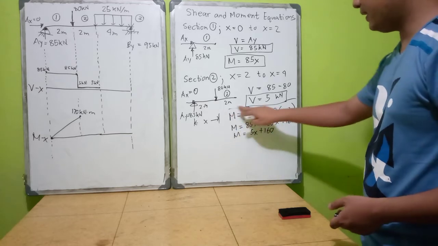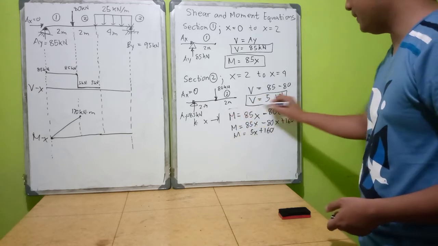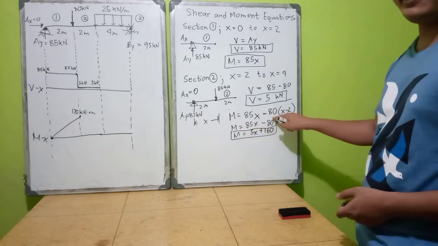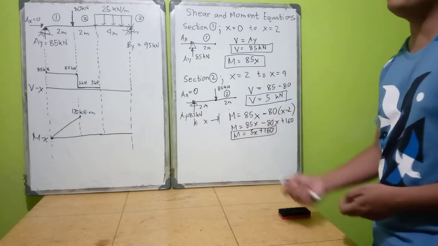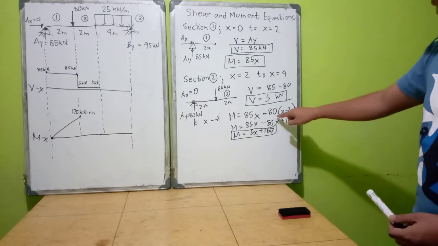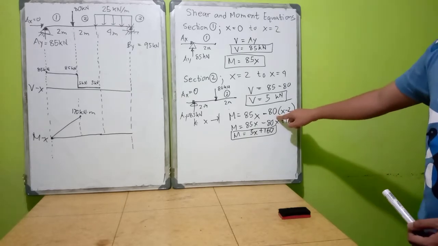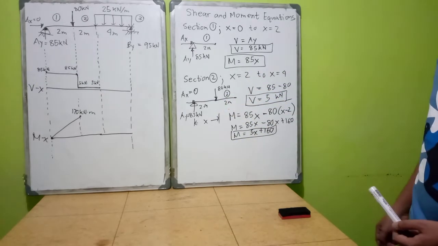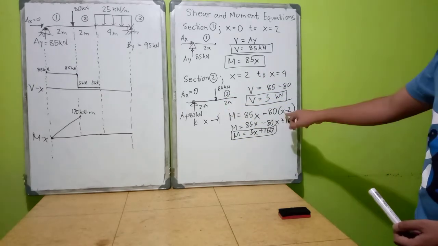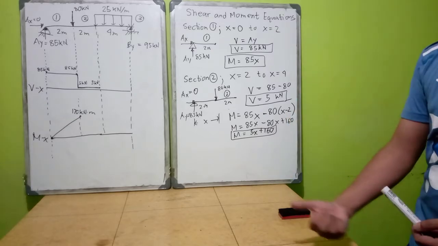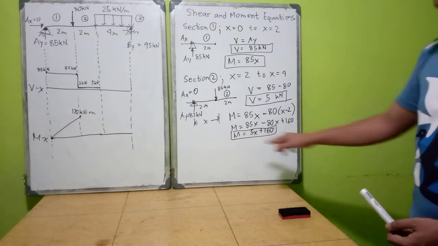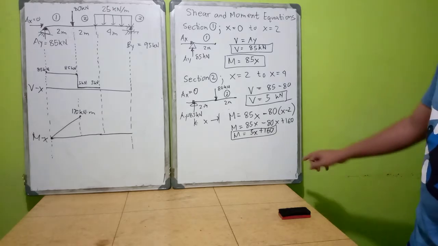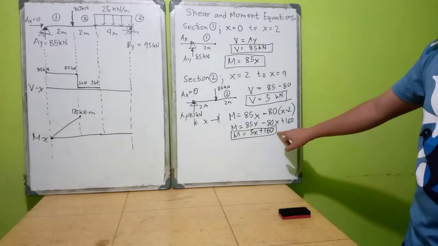You can take this as your M equation, simplified. But this is actually acceptable. If I were your instructor and you solved it, you would say that this is the moment equation of section 2, so it's okay already. But you can simplify it so that you can easily track the value of your diagram at any point.